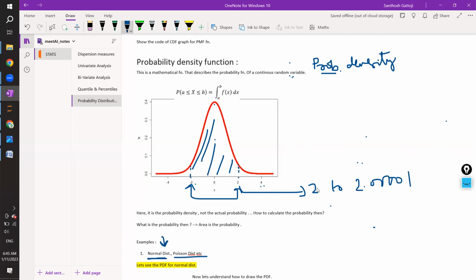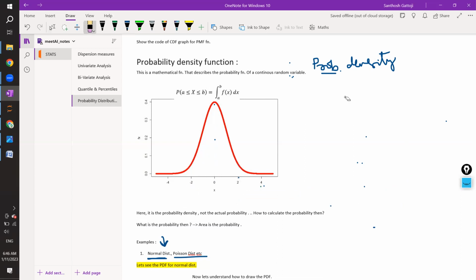As you can see, this is not giving the exact probability, it is giving you the probability density over a range. Even if the range is very small or very big, it is still the probability density. But for practical purposes, you can consider this as the probability itself, because the change is very negligible. That part, I hope you are clear.